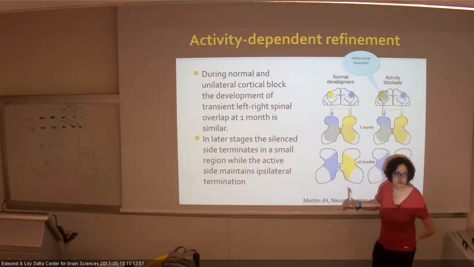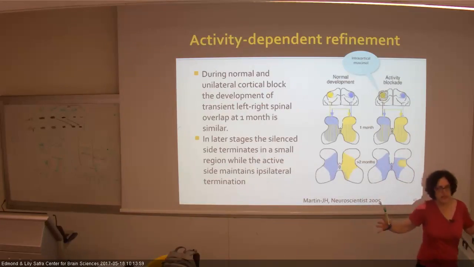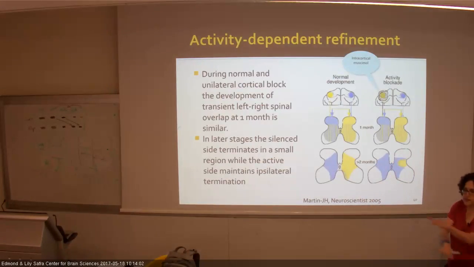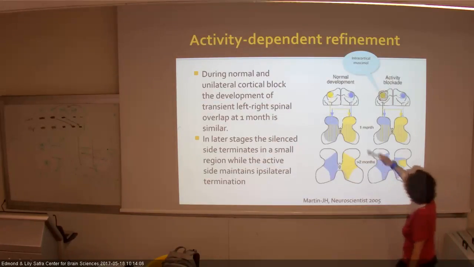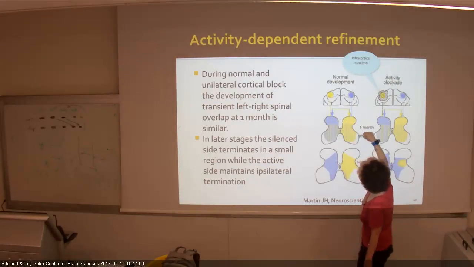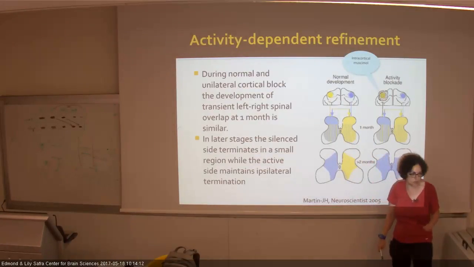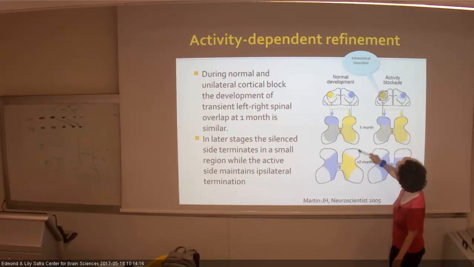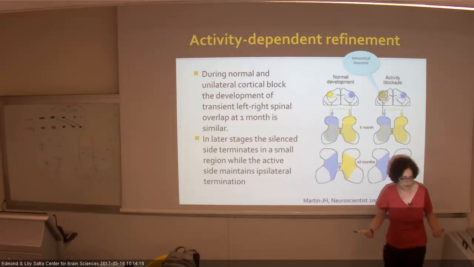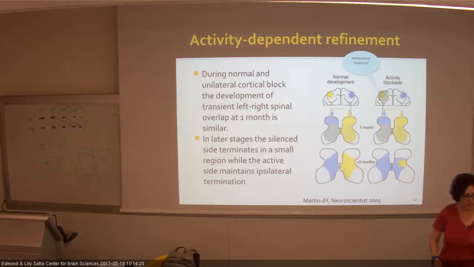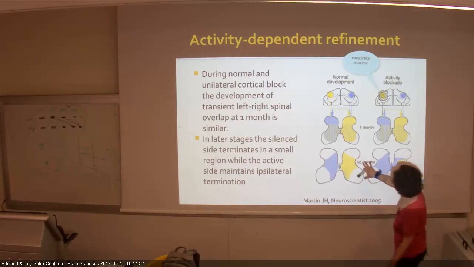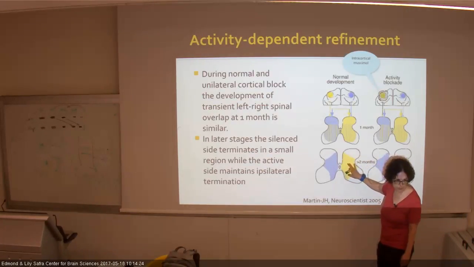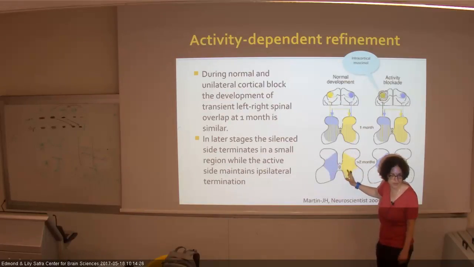At 1 month, there is a broad termination pattern of the corticospinal tract, and there is a bilateral representation. In the yellow hemisphere there is a contralateral bias, but it also has some ipsilateral representation. After 2 months, normally, there is an almost exclusive contralateral representation, and there is a refinement of termination. Okay, this is normally what happens.